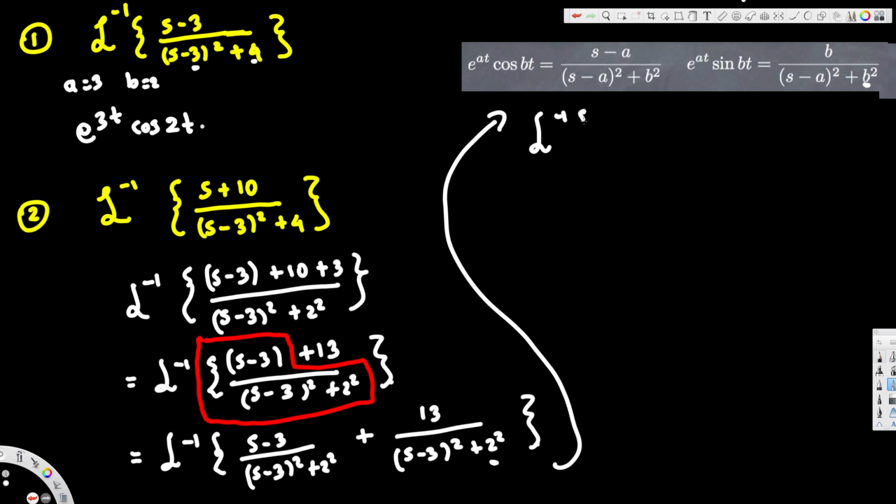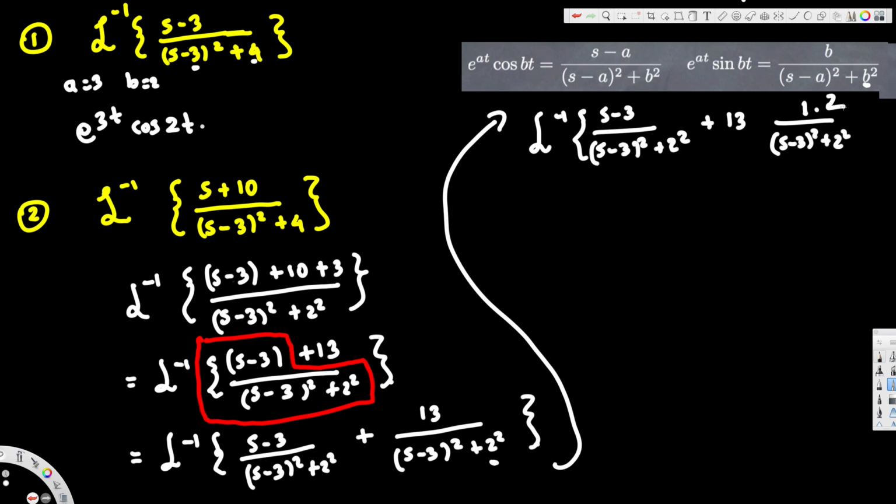L⁻¹ of (s − 3) over (s − 3)² + 2², and if I move this 13 to the front, we have 1 over (s − 3)² + 2², but we need 2 on top. To get 2 on top, we can multiply by 2/2, which is the same as 1, so multiplying by 1 is not a problem.